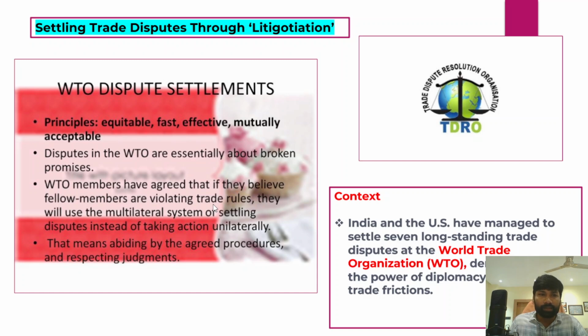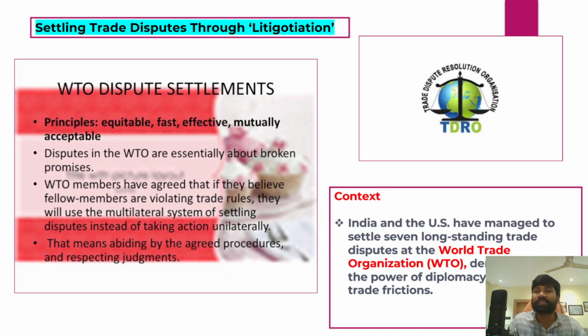Now, when we talk about the context of this particular editorial, the context is that India and the US have managed to settle 7 long-standing trade disputes at the World Trade Organization. Since the last several years, we have had long-standing disputes with the USA, particularly with respect to trade.